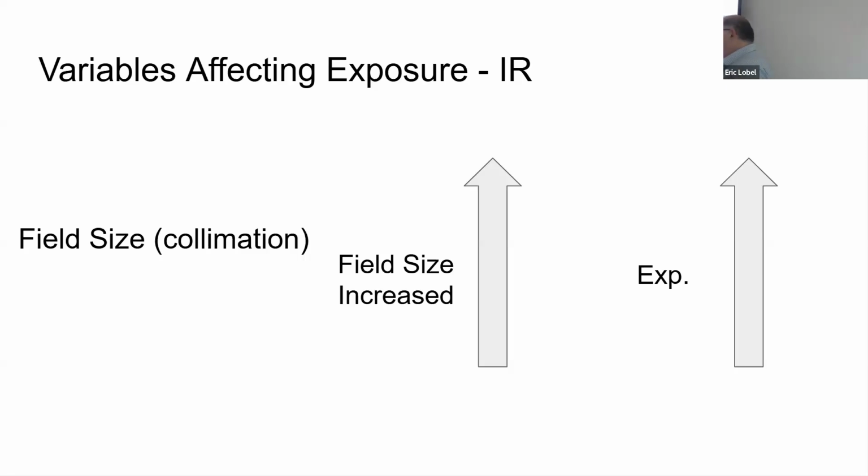Now, the systems that we use are happy with higher kV, right? And the only thing you can do to actually lower dose when you increase kV is it has to be associated with a decrease in mass. Because if all you do is keep the mass the same and increase your kV, dose goes up. Way up.